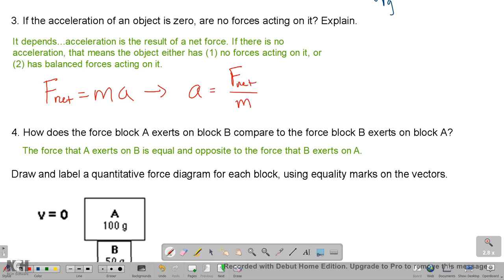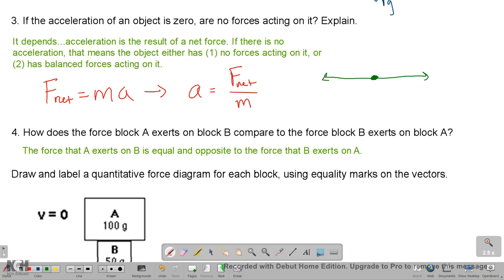If there's no acceleration, that could mean that there are no forces acting on the object, but it could also mean that there are forces that are balanced on the object. And we've done a lot of examples in class, like something traveling at a constant velocity. So let's say it's traveling to the right at a constant velocity. And I'm just going to look at the x direction forces here.